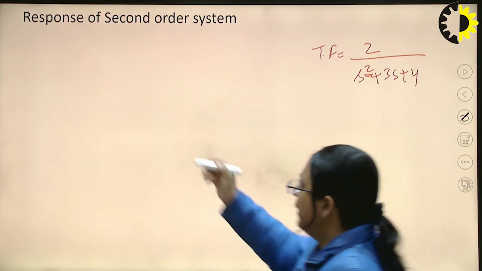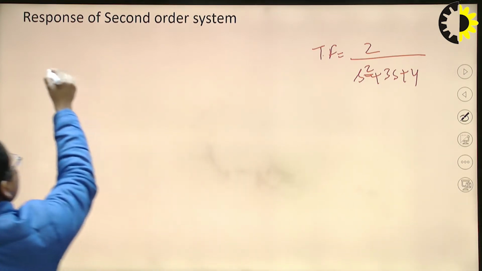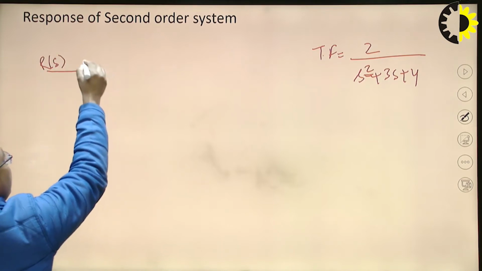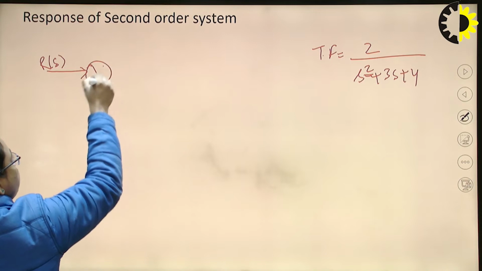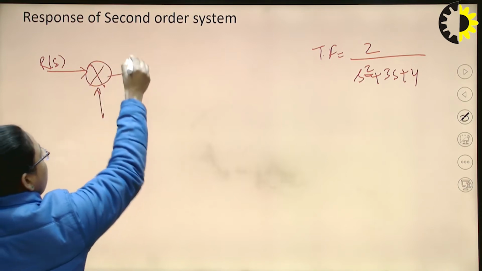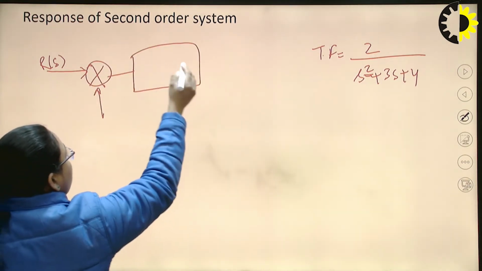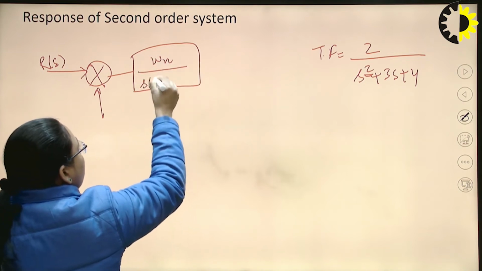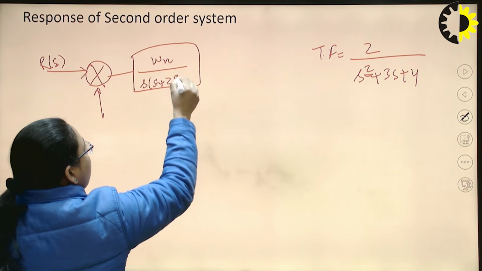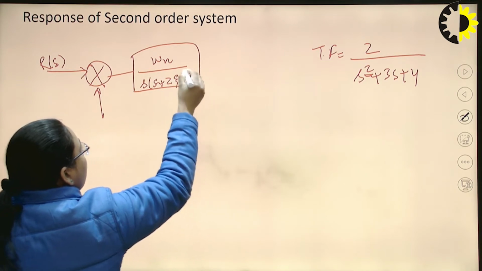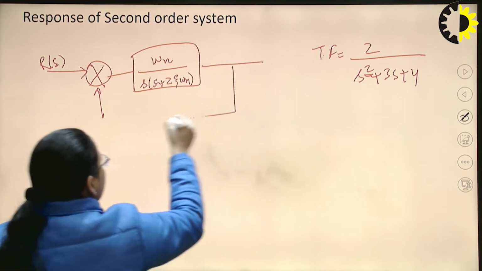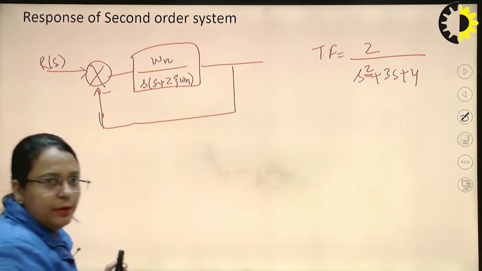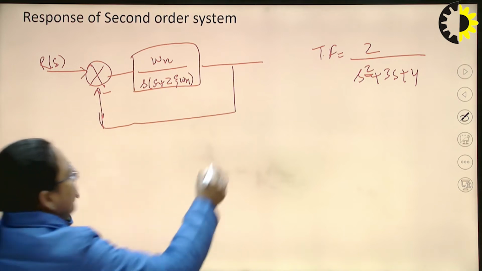Similarly, I can define the block diagram of the second order system when, let's say, Rs is the input applied to any particular system. Let's say it is a unity feedback system and a negative feedback is applied to the system.